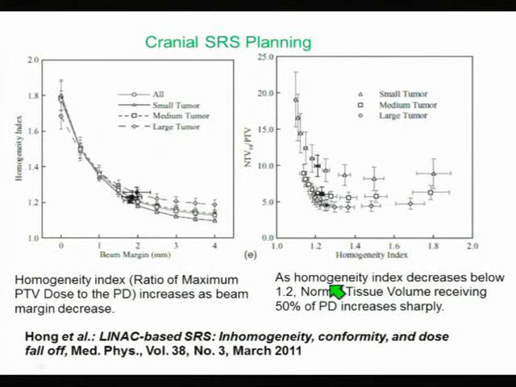But as the homogeneity index decreases below 1.2, the normal tissue volume receiving 50% of the prescription dose will increase sharply. That's why in cranial SRS plans, if you use a linac, usually you have close to 125% or more maximum PTV dose.